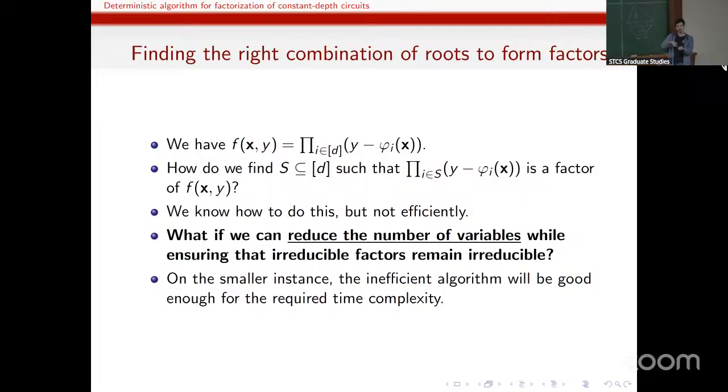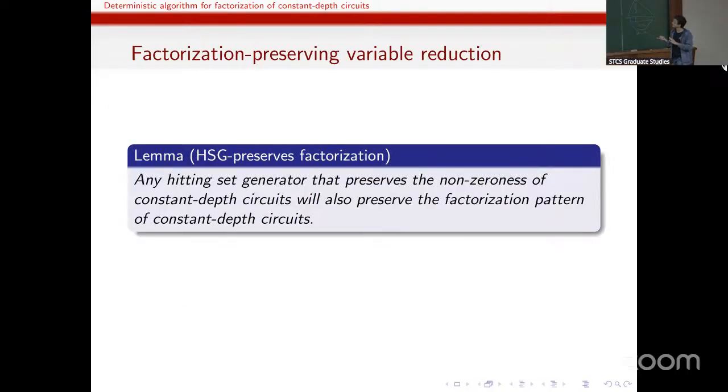And then I can use the Furstenberg identity to compute the roots and then combine them. The combination is something we saw in Shantanu's talk, which is just to take the product of y minus roots. So this is, in some sense, the main lemma underlying the algorithm's correctness, which says that if you take any hitting set generator that preserves the non-zeroness of constant depth circuits, then it will also preserve the factorization pattern of constant depth circuits.